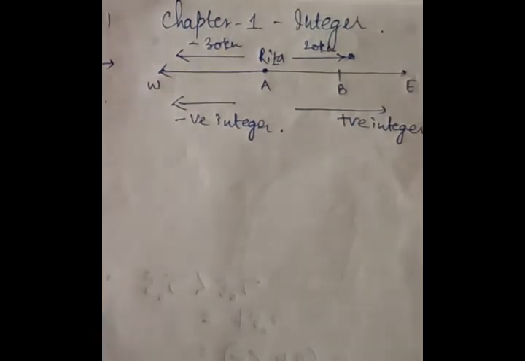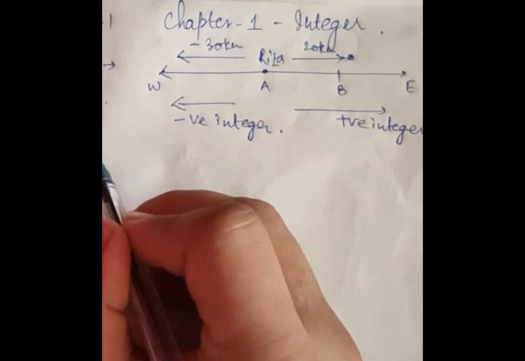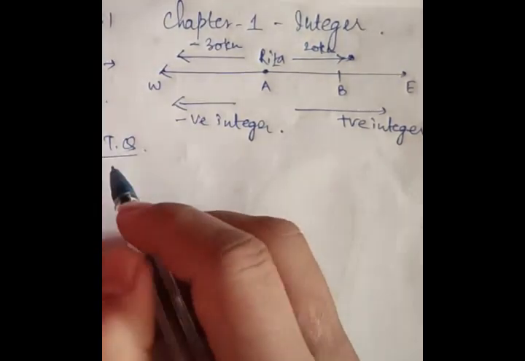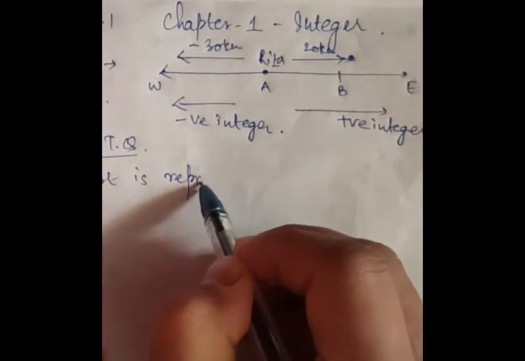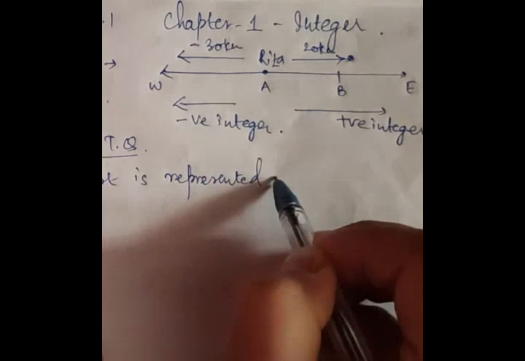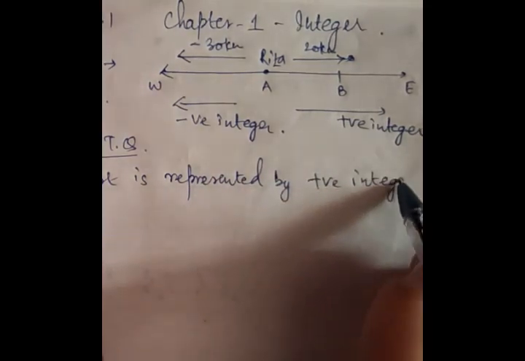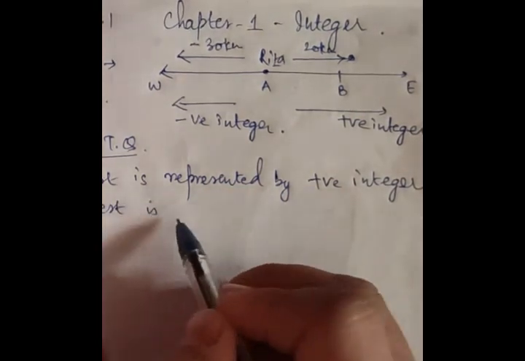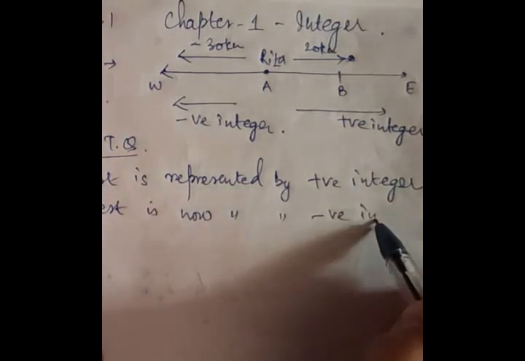You still have to write the full statement. So how will you write? According to the question, east is represented by positive integer, so west is represented by negative integer.